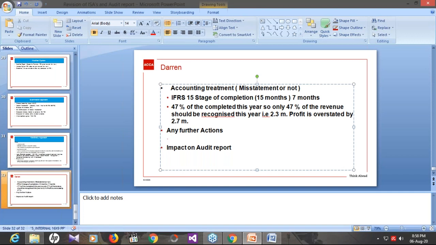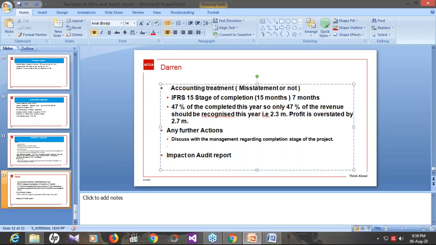Yes, we need further action according to ISA 450, evaluation of misstatements, and according to the data provided. What should we do? We should discuss with the management regarding the completion stage of the project. We should try to convince them.